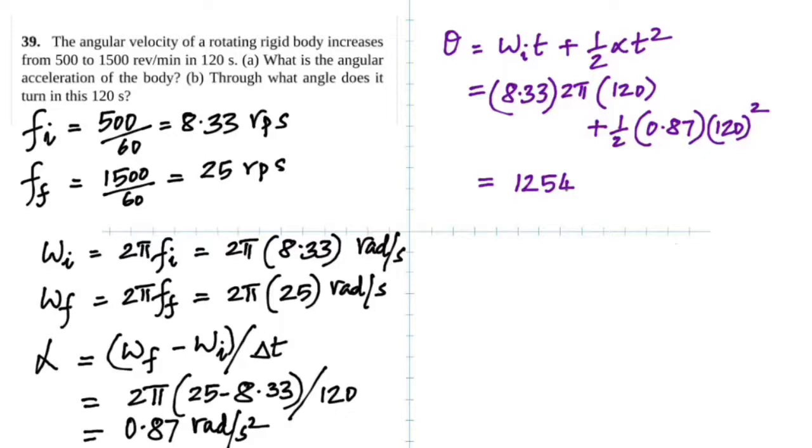Plug in the numbers and calculate to get 12545.5 radians. So that is how you do these problems. This is just an example of working out one problem using those equations that are comparable to the equations in kinematics.